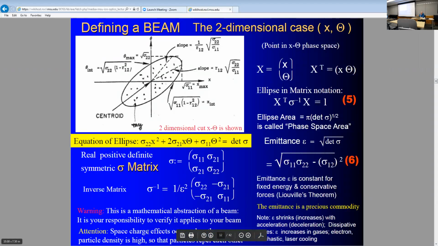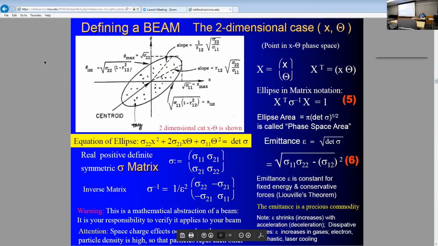Of course, at the recoil separator, we have low intensities, so charge effects are probably not effective here. But if the particles are too dense here, you don't need any degradation by dissipative forces in the foil. The particles will just slowly grow apart, and for high intensity, high energy accelerators, this is an issue. So just remember, charge effects may matter, but maybe not in our particular case where we are interested in recoil separators mainly.